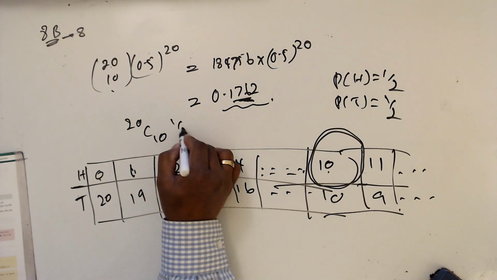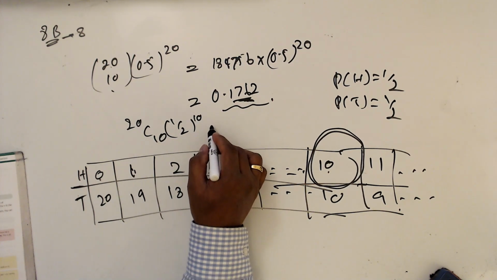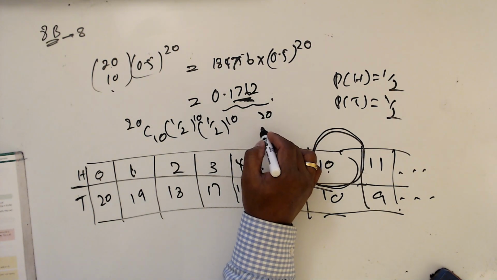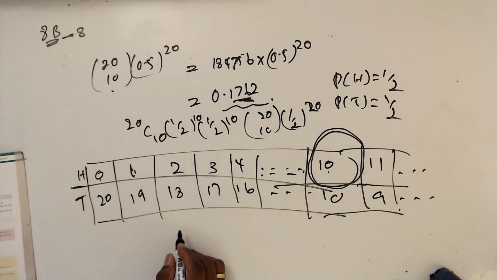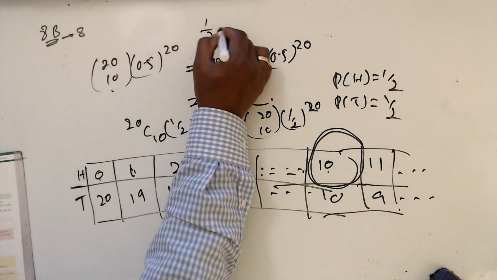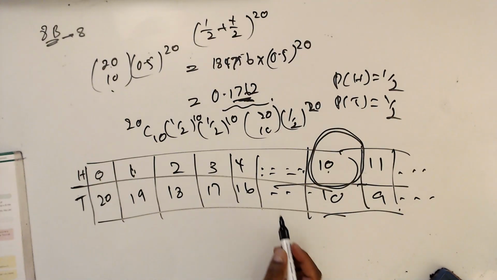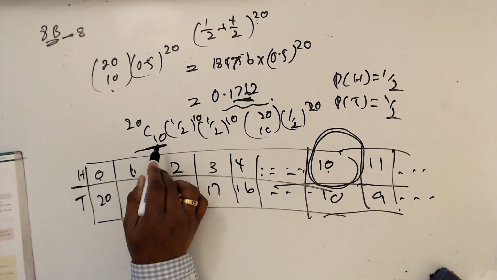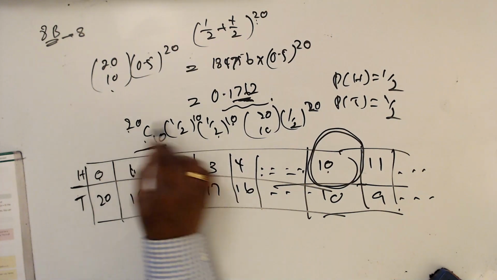Then half to the power 10 and half to the power 10, so half to the power 20. Basically the binomial expansion is going to be half plus half to the power 20. So this is the 10th term, 20C10, then half to the power 10, then 20 minus 10 is 10.